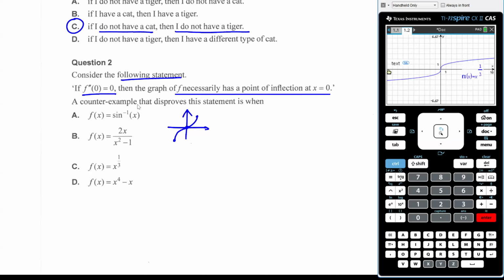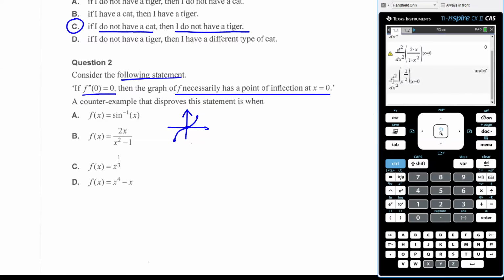The question wants a counterexample to disprove the statement, that is, to contradict the conclusion. So let's have a look at the last one. If we look at x to the power 4 minus x, zooming in a little bit, near x equals 0, y equals 0, it doesn't seem to have a point of inflection.